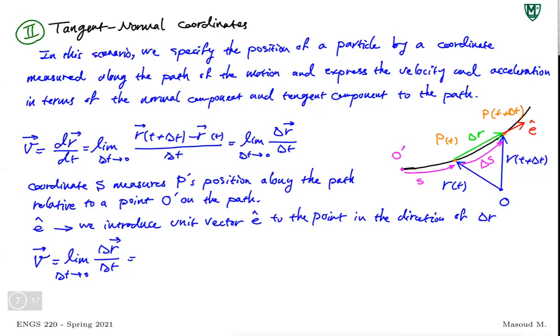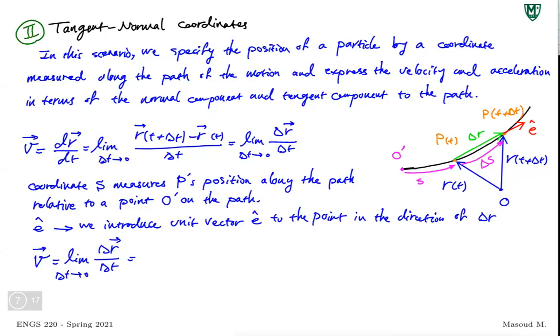So as delta T gets smaller and smaller, P at T and P at T plus delta T get closer and closer, and delta R becomes the same as delta S. For a very small distance, think about a curve: the smaller we get on the curve, the closer that piece becomes to a straight line.